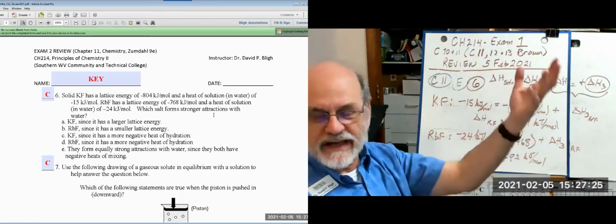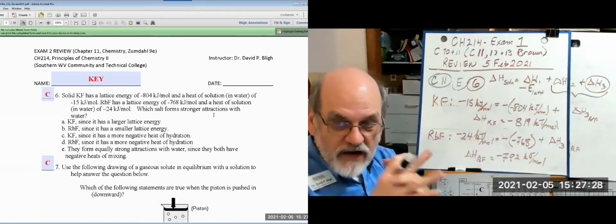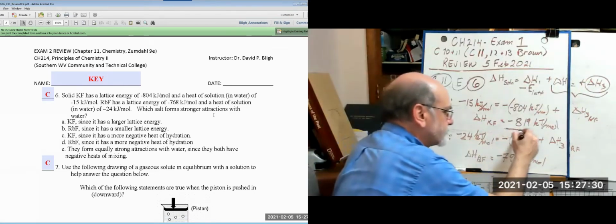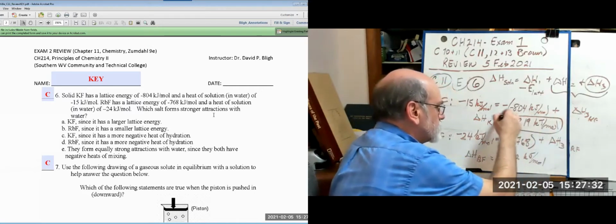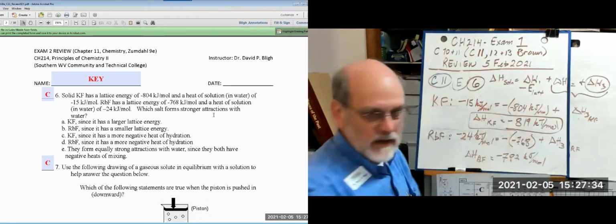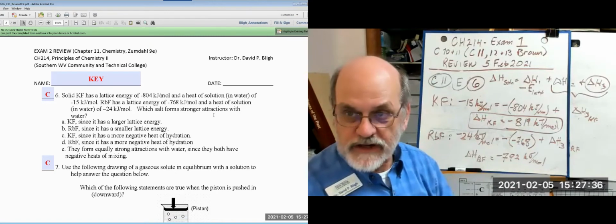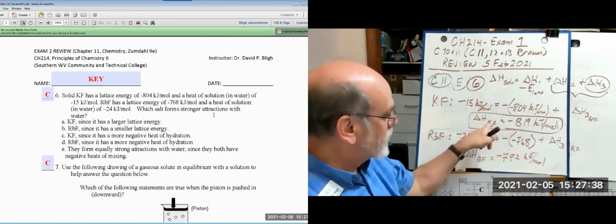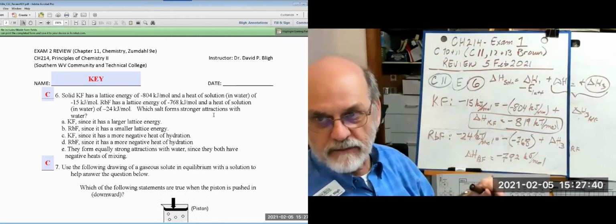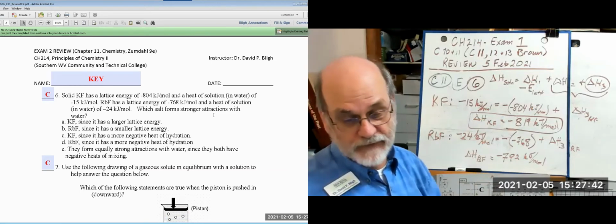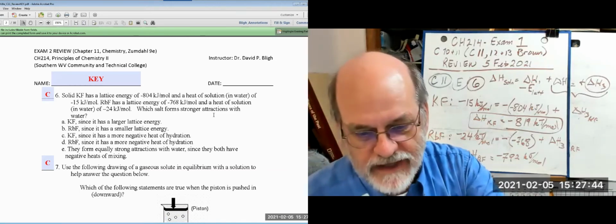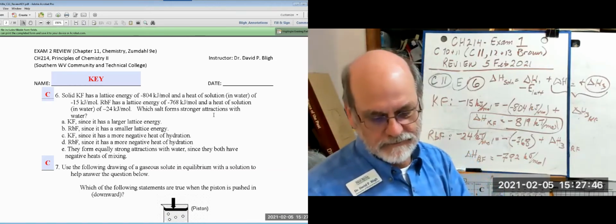So the larger the negative number, the stronger that attraction. So the strength of attraction is greater for KF than it is for rubidium fluoride. Okay, I know it took a long time to get there, but we answered the question.